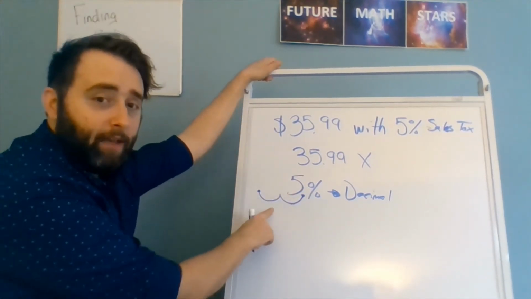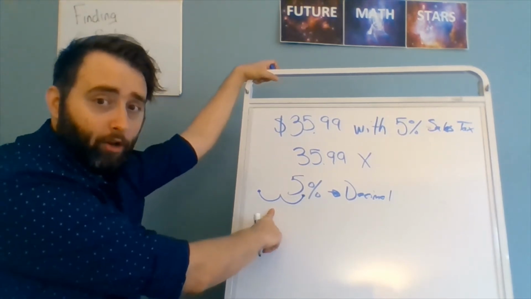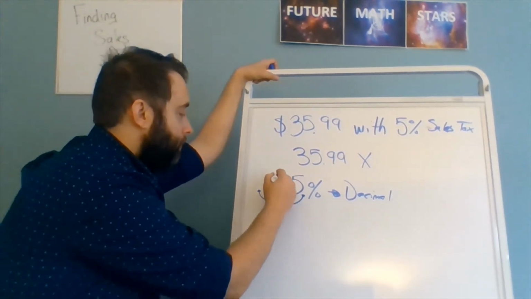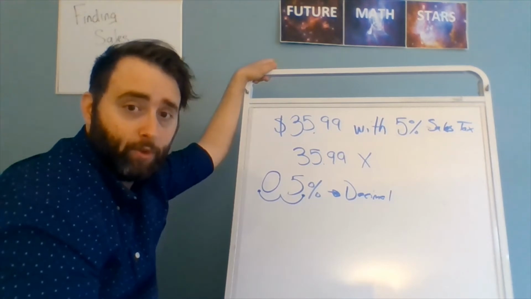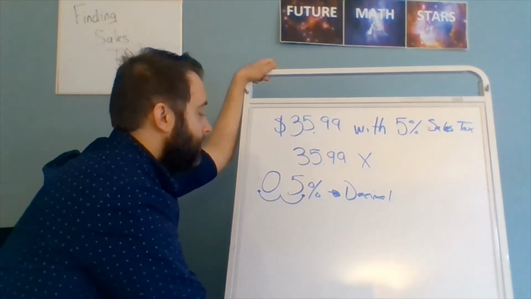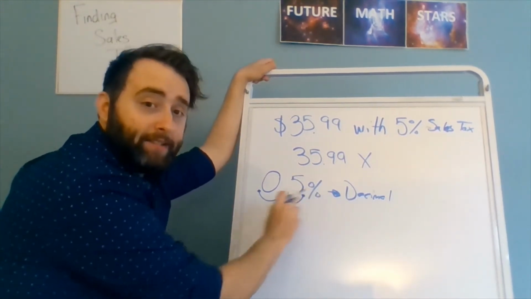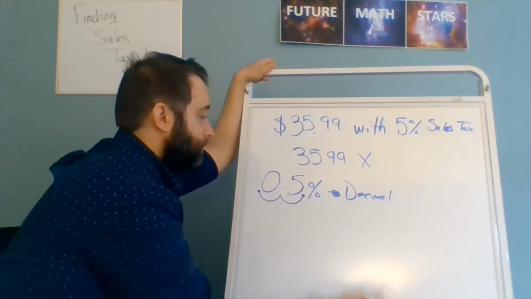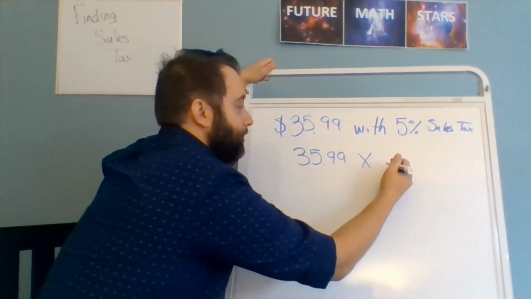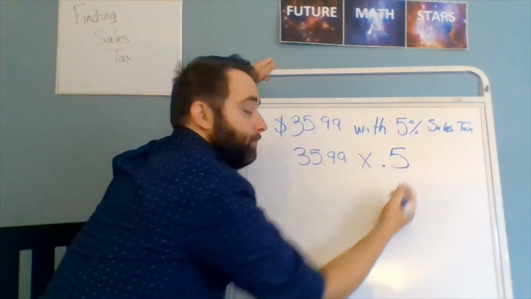Technically, 5% as a decimal is 0.05. 0.05. 0.5.